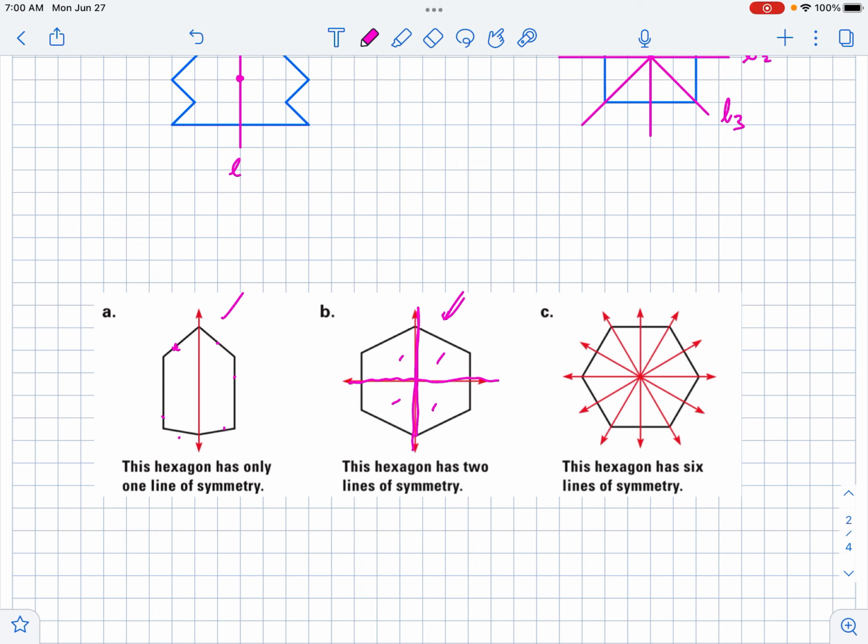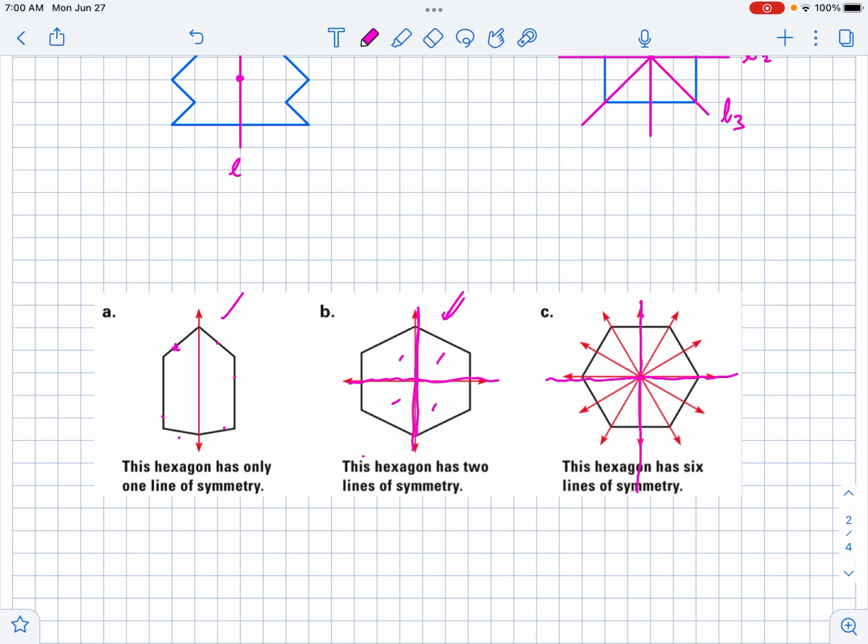Now let's move on to another one. Let's look at this one. This one has 6 lines of symmetry. You can see this one, and this one.